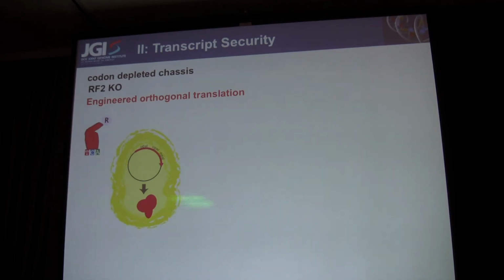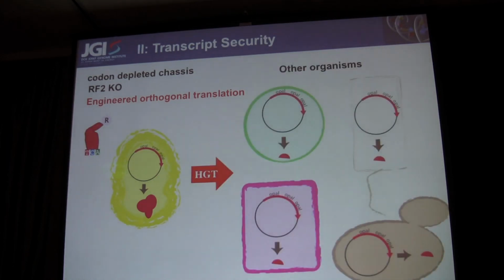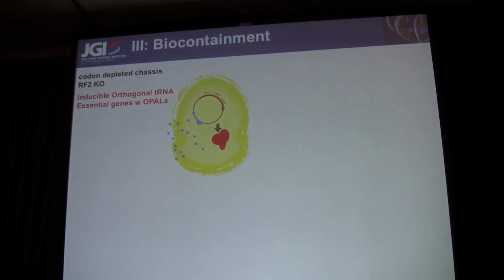Because our strain has this orthogonal translation machinery, these proteins will be correctly translated. But if, for any reason, our synthetic genes were to leave our organism and go to other organisms through horizontal gene transfer events, they will not be correctly interpreted. Every time another cell sees this opal, it will interpret it as a stop codon, and thus the synthetic proteins will not be correctly translated in other organisms. So it adds a level of safety and control.